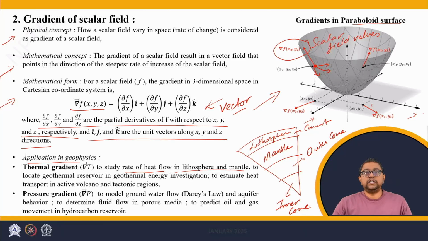As we know, the temperature is very high in the center of the Earth, approximately 7000 Kelvin, and it decreases upwards right up to the surface of the Earth.